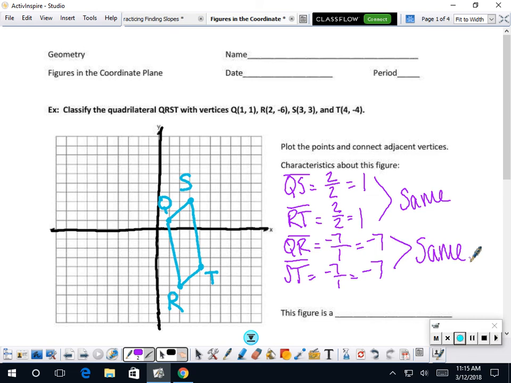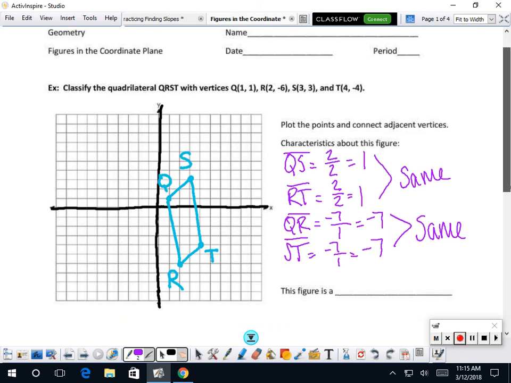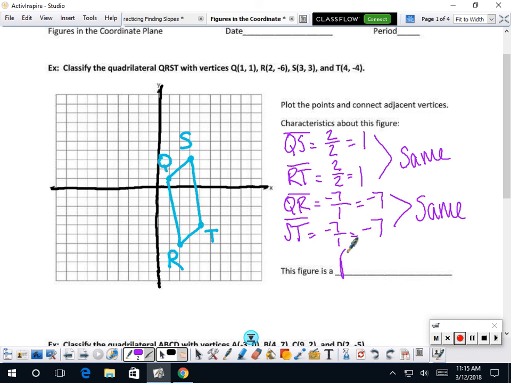Okay, but what I want you to notice is that all 4 of these are not the same. I got 1 for 2 of the lines, and I got negative 7 for the other 2. Okay, in this case, this figure here is a parallelogram. Okay, for parallelograms, 2 of the slopes are going to be the same, okay, but all 4 will not be the same.